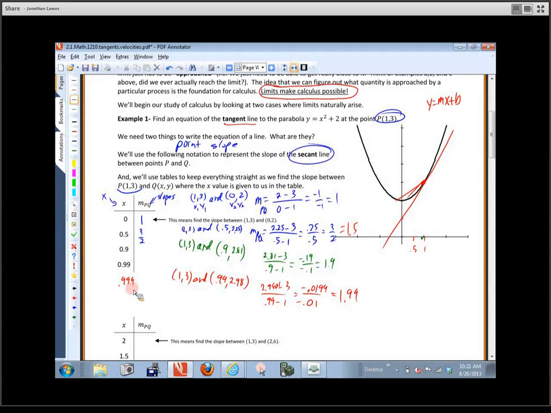Okay, so if we started off with this slope and moved the points closer together and closer and closer together, what would your guess be for the slope of the tangent line, given the fact that we got 1, 1.5, 1.9, 1.99, and that we guessed the next ones? Yeah, we're going to guess that it's going to approach 2. Okay, now, any questions there?